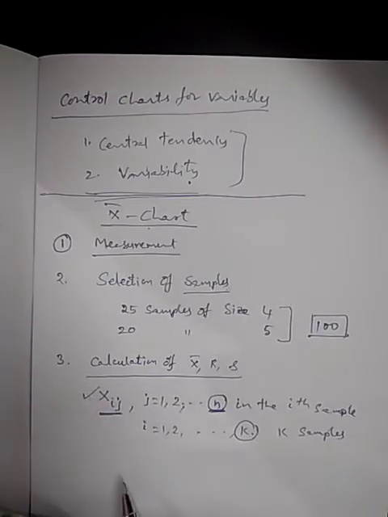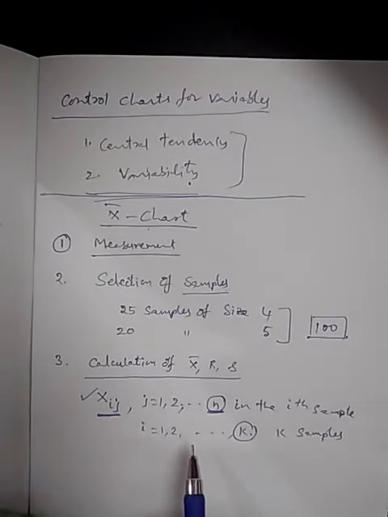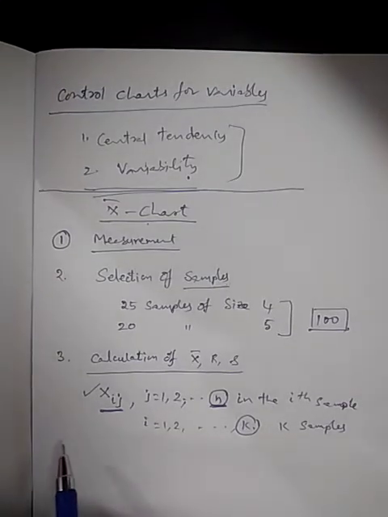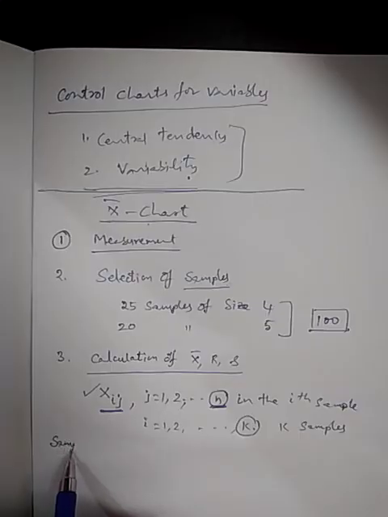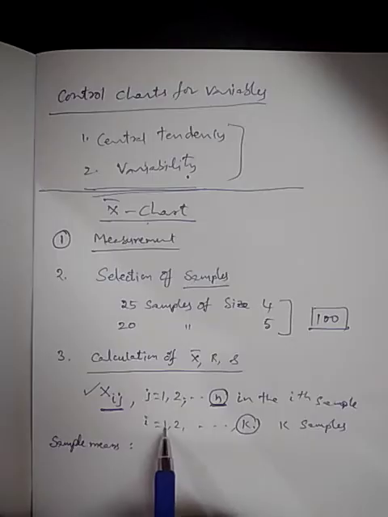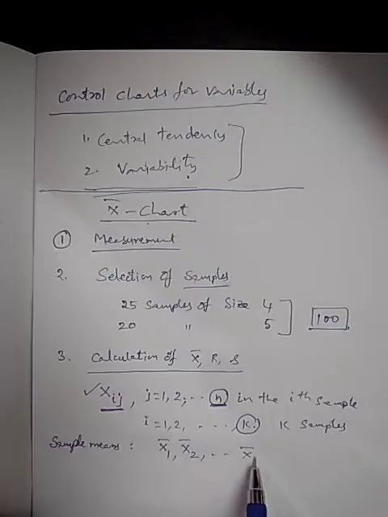Now we have to calculate sample means, sample ranges and sample standard deviations. Sample means first: for the first sample, X bar 1 is the sample mean, for the second sample X bar 2, and up to the kth sample X bar k, which are the sample means for k different samples.